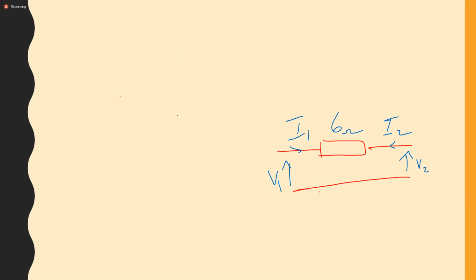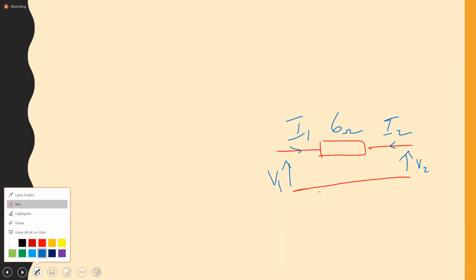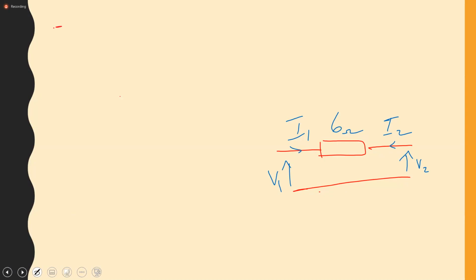All right. Are we ready? Yes, sir. So what's the matrix? 1, 0, 0, 1. 1 over 6.